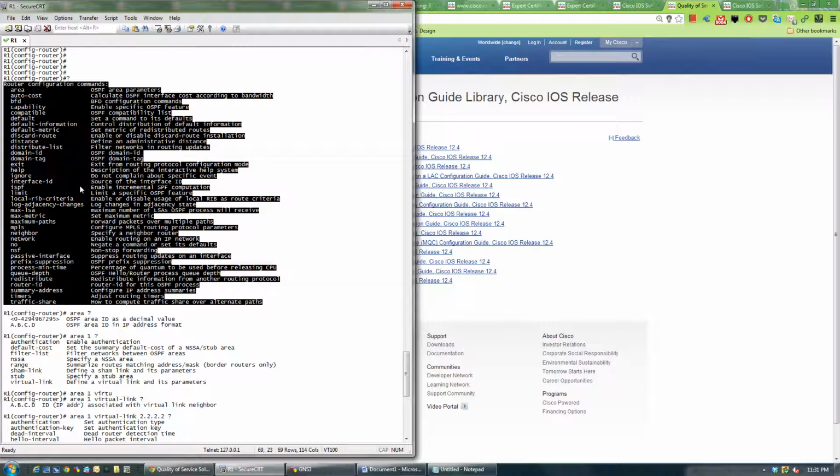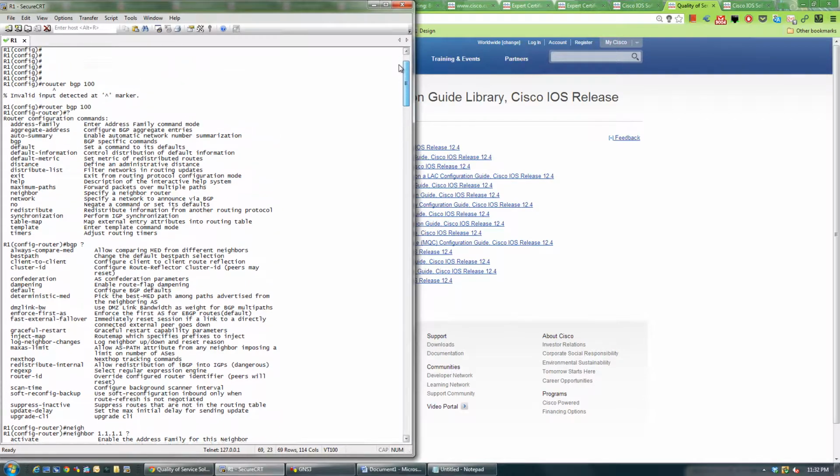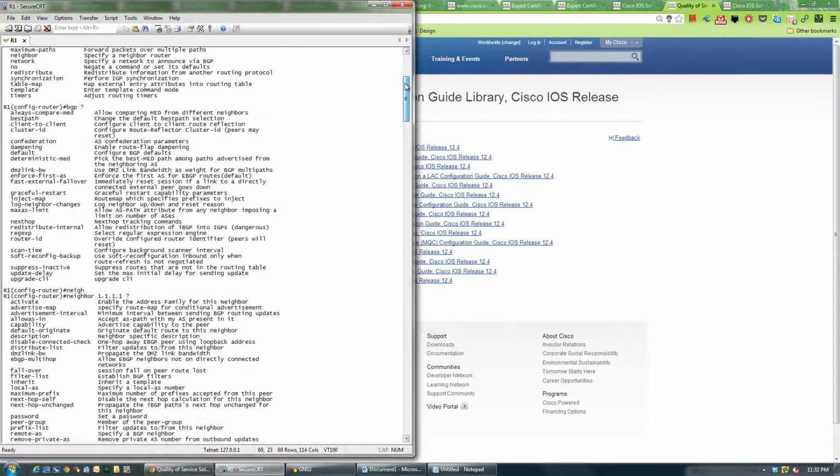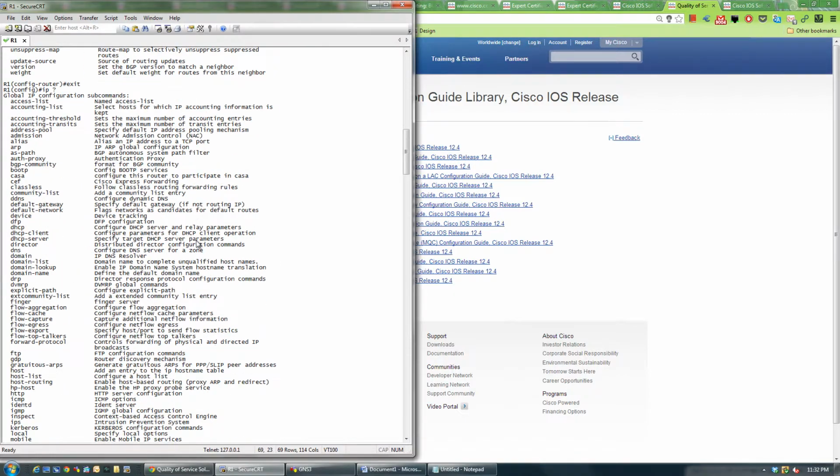In the exam, your maximum time should be spent on configuring stuff or troubleshooting stuff in the troubleshooting section, right? So that's it for the doc CD. I hope you have got information as to how you can minimize the use of doc CD in the examination.